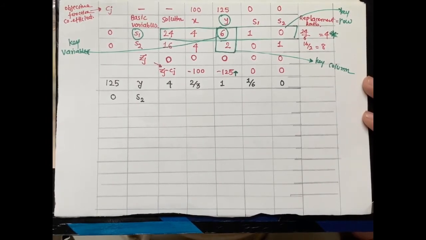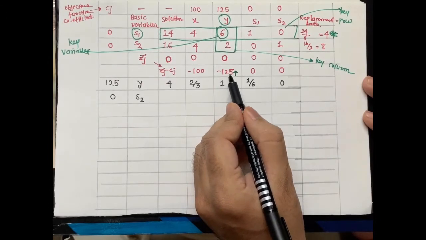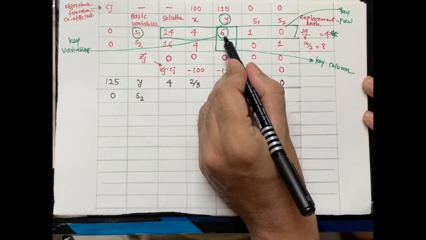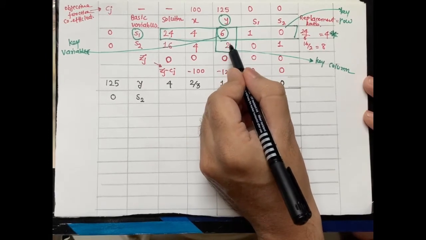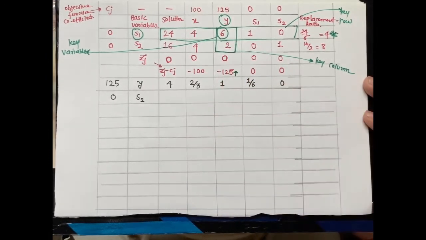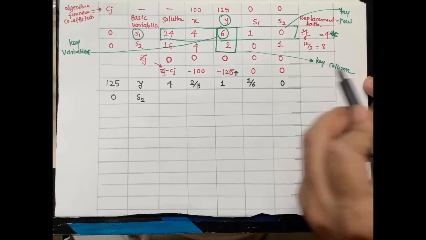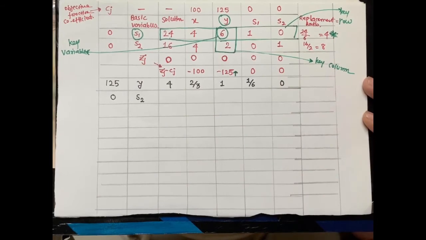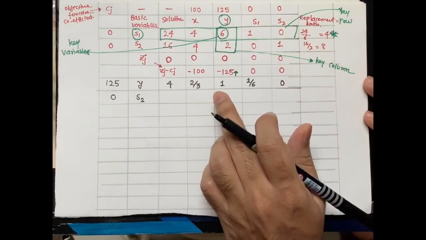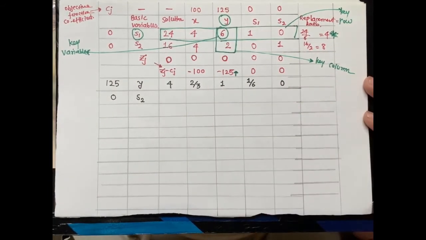What it states is that in the key column, the key variable must have a unity value, that we know, but apart from that, all the other cells must have a value equal to 0. So I require to bring a 0 at this place. So how can I bring a 0 here?